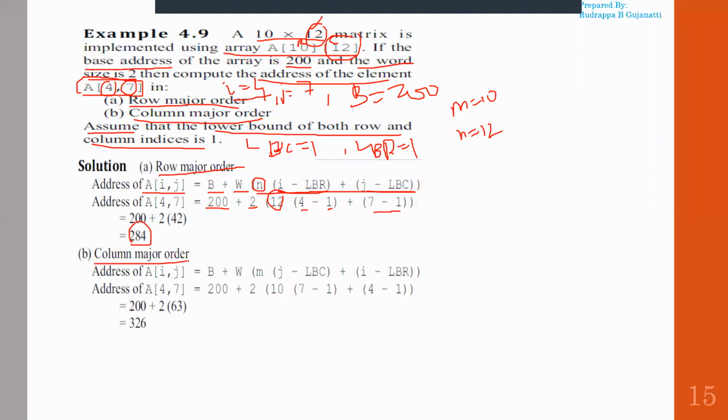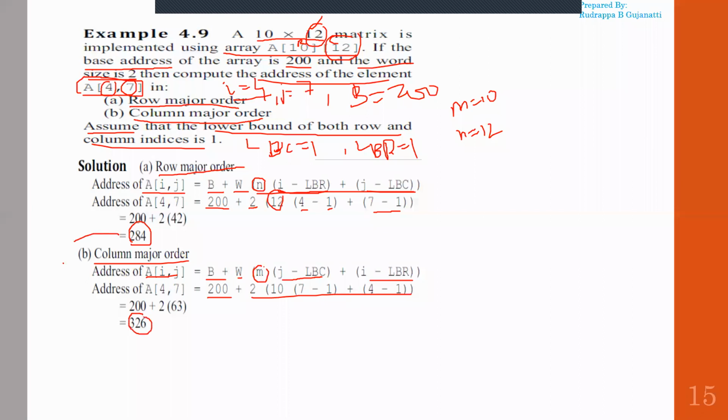Now when we look for the column major order of representation, here we have base address plus word size. Since it is column major, this will be the number of rows multiplied with the column parameter J minus LBC, plus I minus LBR. You substitute the values and you see that it is 326.